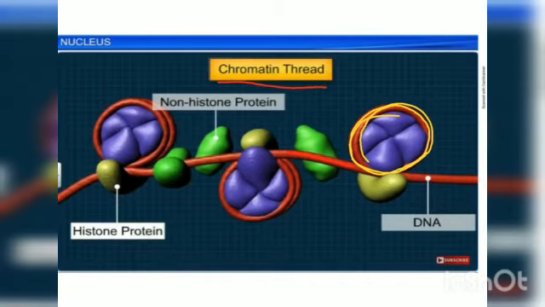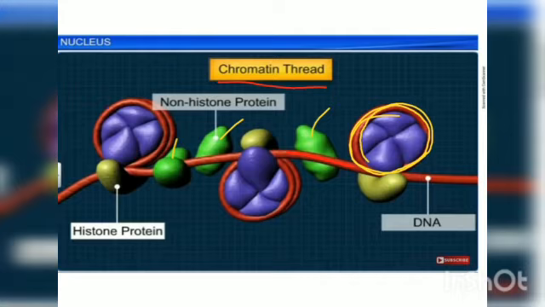Those proteins are called histone proteins. Besides histone proteins, some non-histone proteins are also there, and they help to aggregate the chromatin fiber in such a manner that it can fit perfectly inside the nucleoplasm of your nucleus.